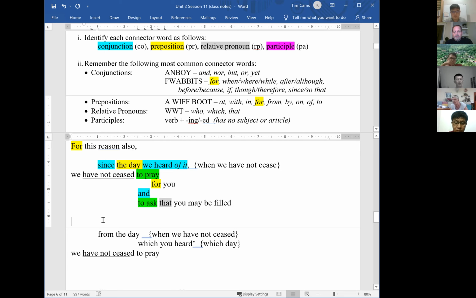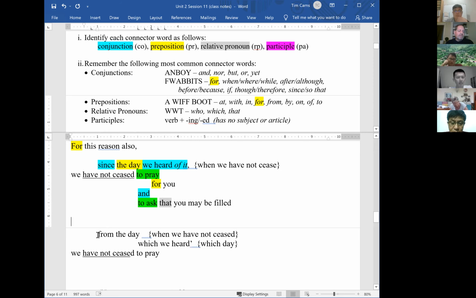Okay, I don't know if that helped or not. What we're encountering here is a difficult translation. The ESV did, I think, a better job when it said, from the day we heard. So your initial thought was actually correct in that it is from the day.